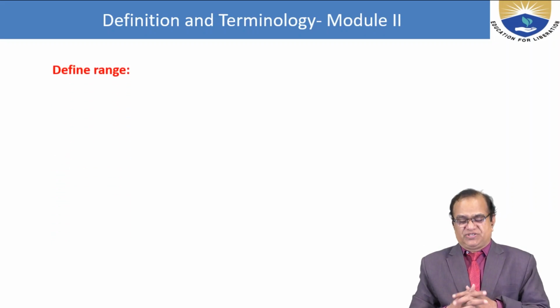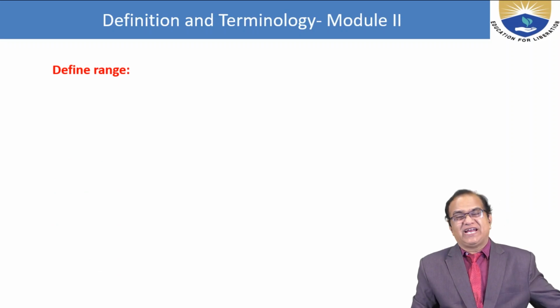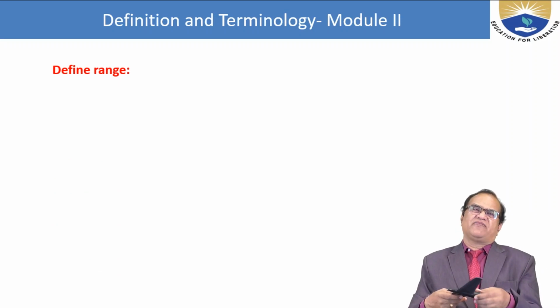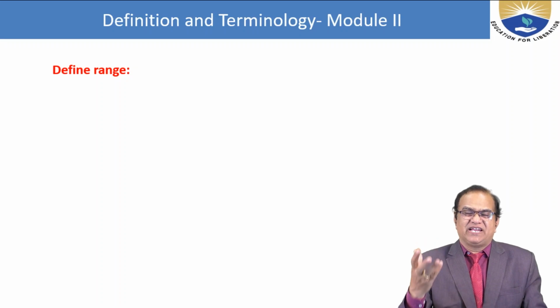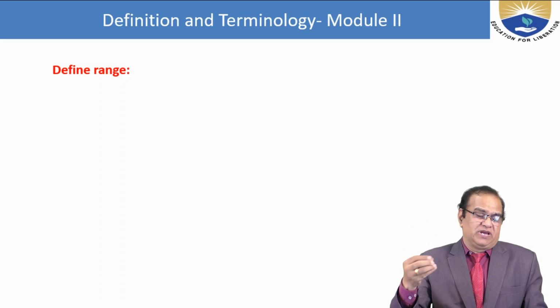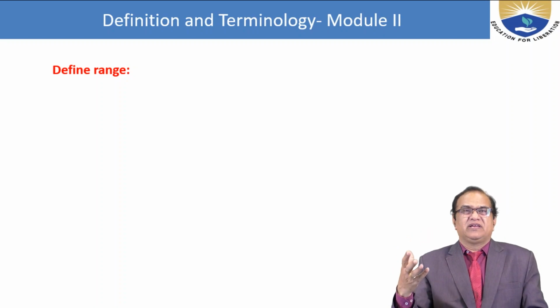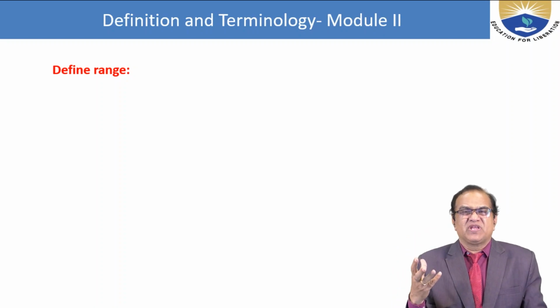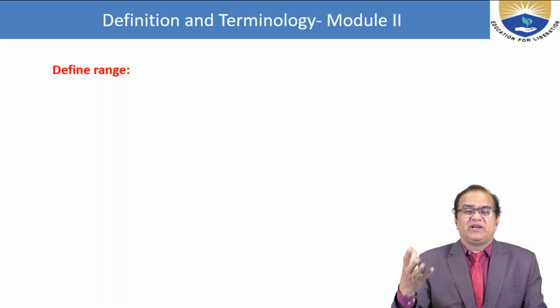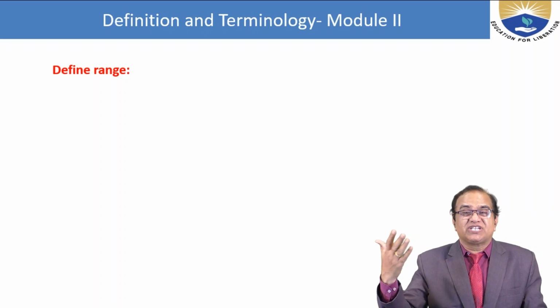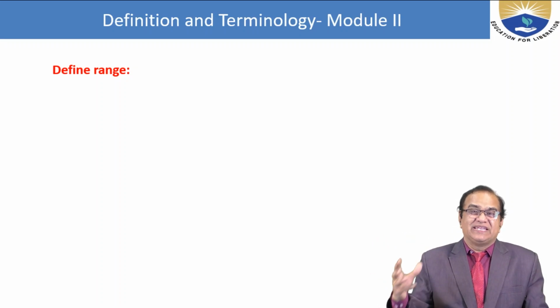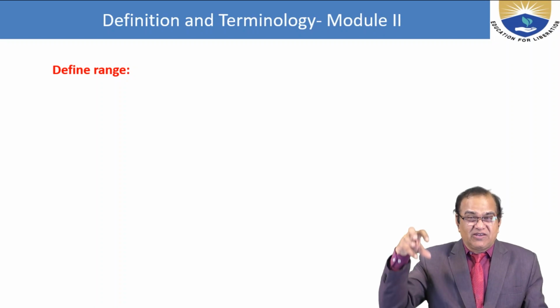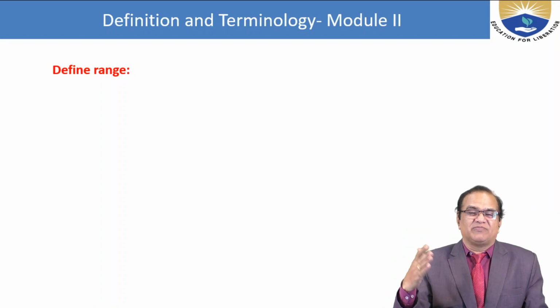So what is the range? If you ask any designer, whether for a bike or a car, everybody will see that with the given amount of fuel in my tank, how long a distance I can travel. That distance for the given amount of fuel is called the range of that vehicle.